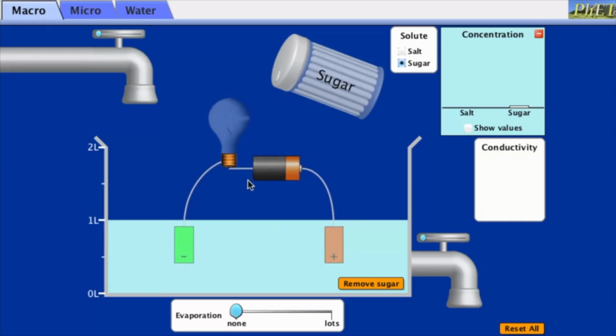So here we dip our electrodes into our solution, and there is no flow of electrons or flow of ions that will cause the bulb to light. Hence, sugar is considered to be a non-conductor or an insulator. Now, when we did bonding, you would have learned that sugar is covalently bonded, or it is a covalent substance.